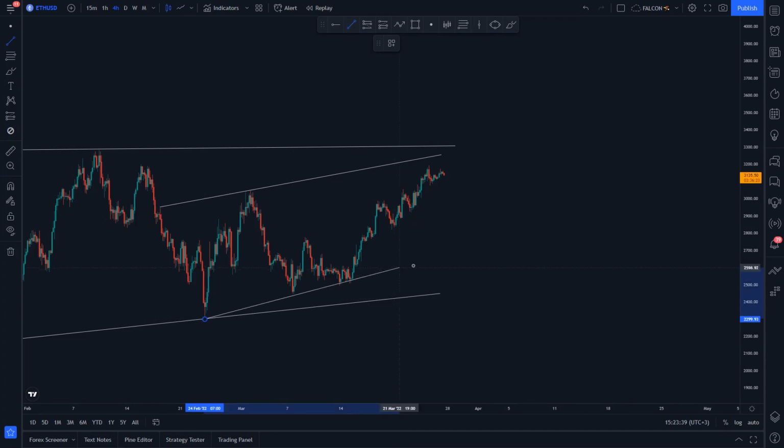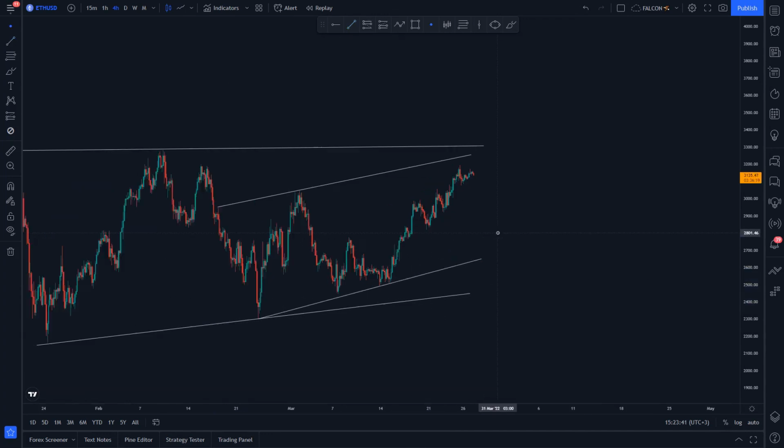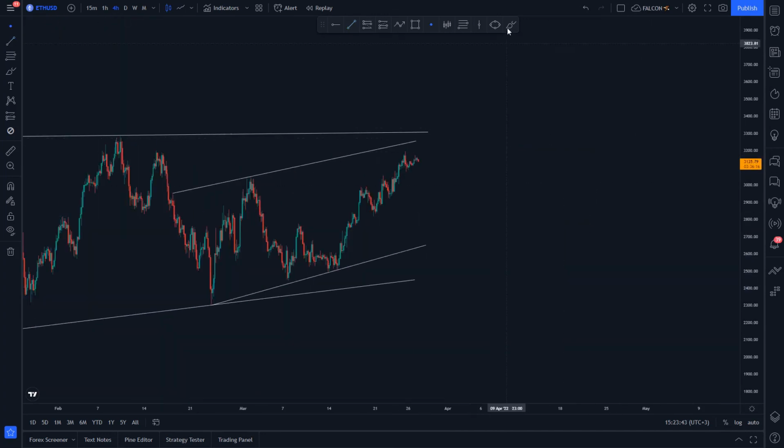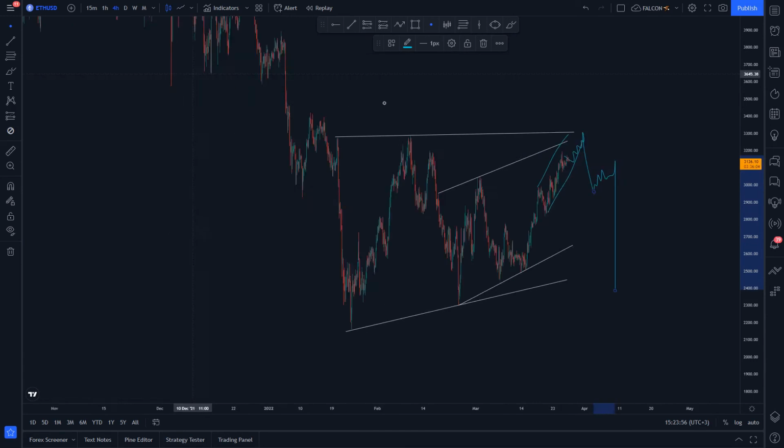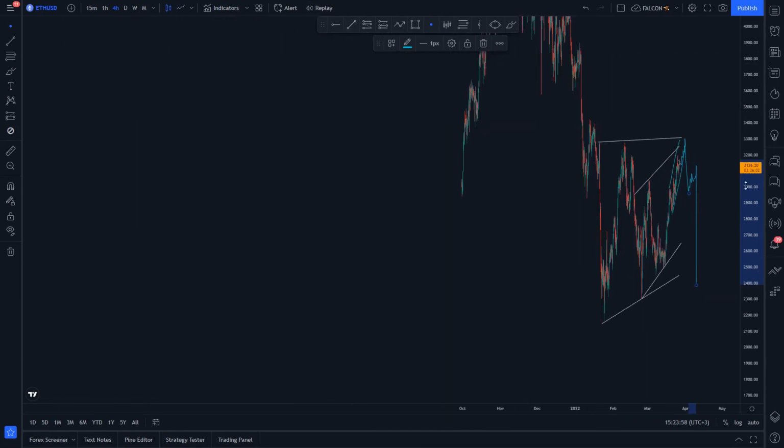I can see a corrective pattern over here forming towards that potential area of ours, of which if we manage to get this correction over here, if we push like this and push down aggressively, we'll be waiting for that correction to enter the market to the downside.